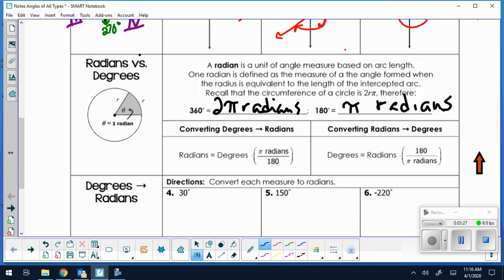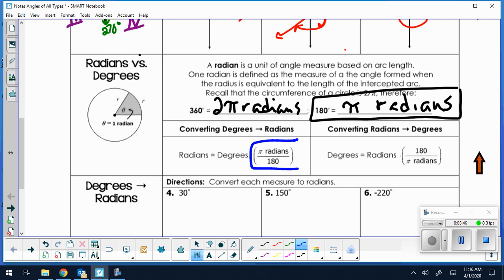And that goes back to our circumference definition, but for right now, we're just going to use this one to do our conversions. All right, our conversions are going to be based on the 180 equals pi.